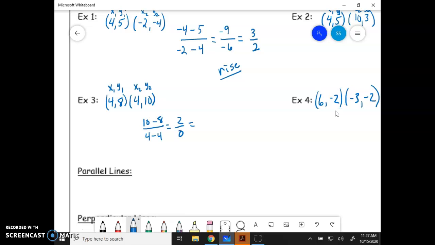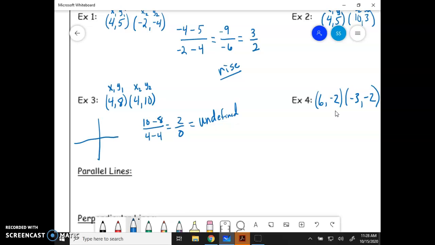This should make our heads puzzled a little bit. We cannot divide by 0. If you try to do that, you are going to get undefined on your calculator, because we cannot divide by 0. This is going to produce a vertical line.